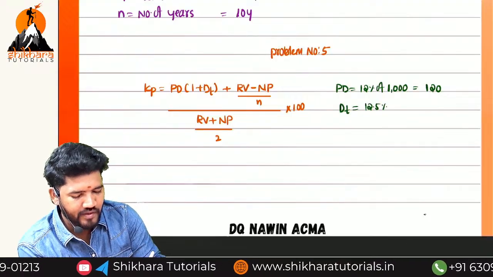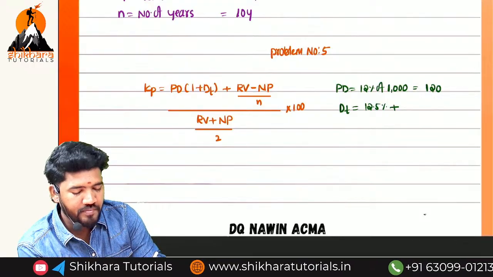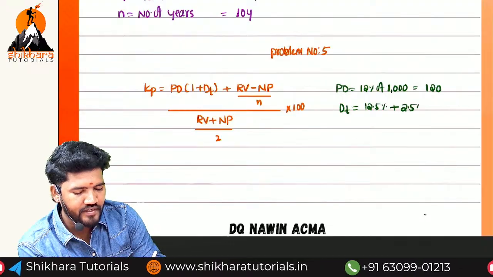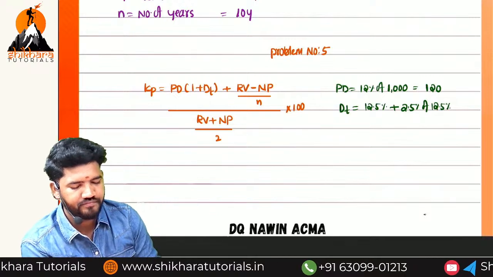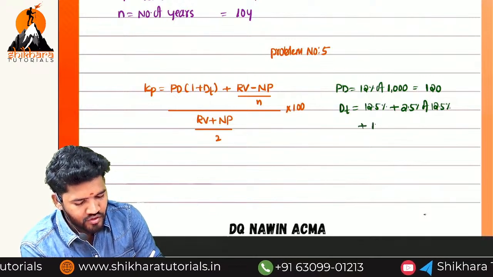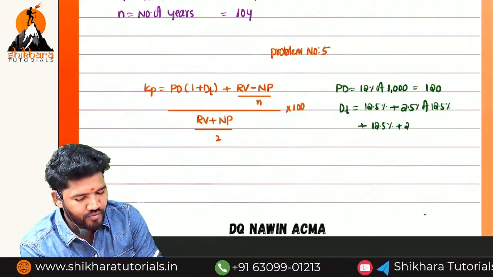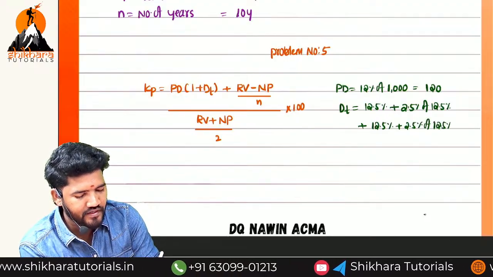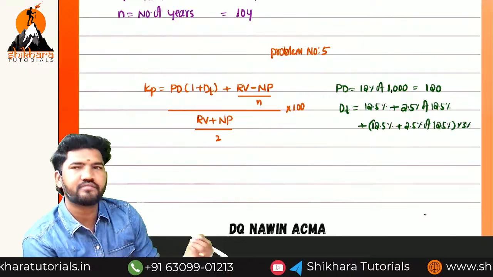12.5% plus 2.5% of 12.5%, plus 12.5% plus 2.5% of 12.5% into 3%. That's it.